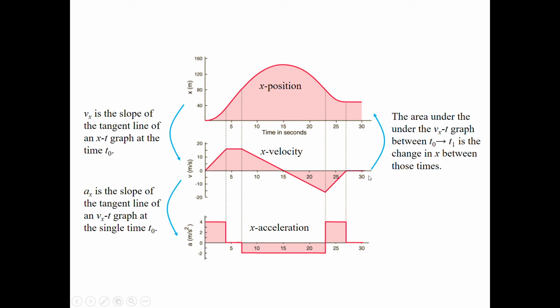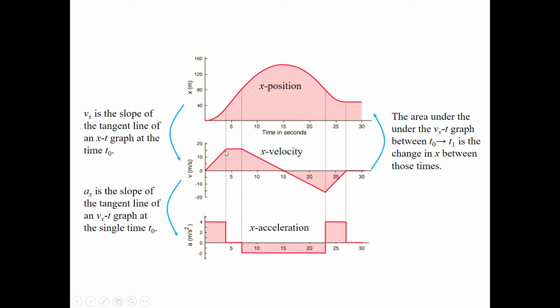So the area under the velocity versus time curve between two times tells you the change in the height up above. Let's take, this looks like maybe 4 seconds and 7 seconds. Between those two dashed lines, the area under the velocity versus time curve is positive. We could calculate it by the area of this rectangle.